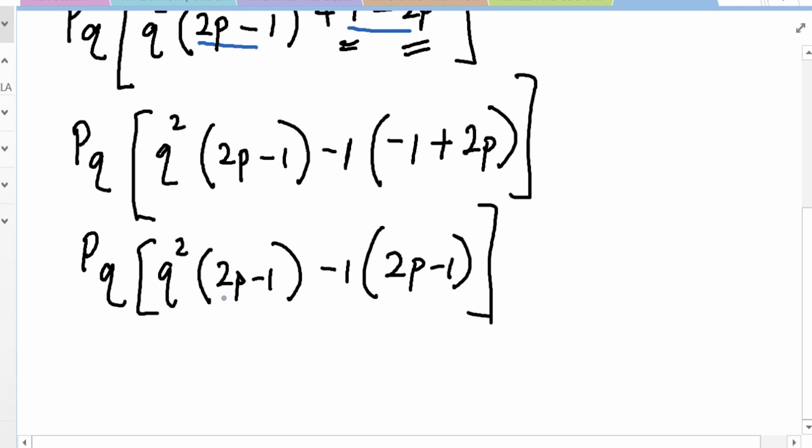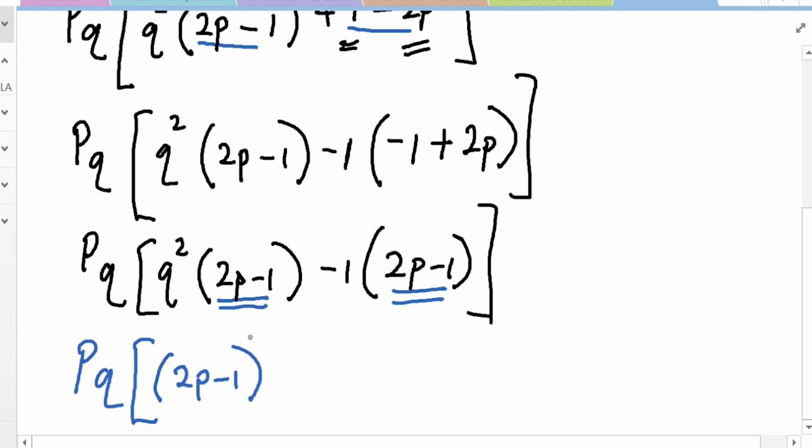So from here, you're able to notice that we have 2p minus 1 there and 2p minus 1 there, same items in the bracket. So I shall say pq into, items in the brackets, we put them in their own bracket, which is 2p minus 1. Then the items that are outside the brackets, that is q squared minus 1.